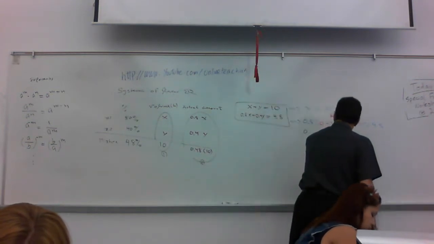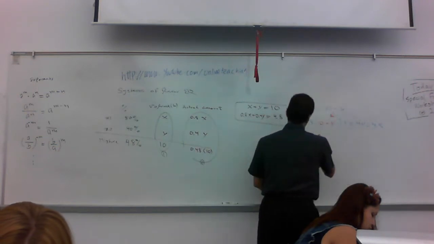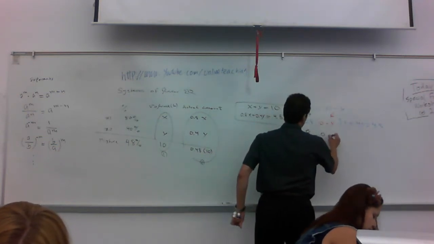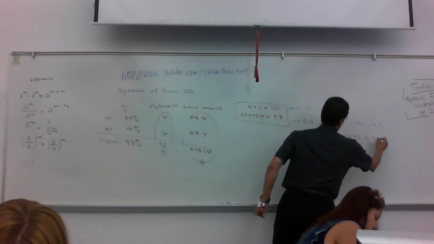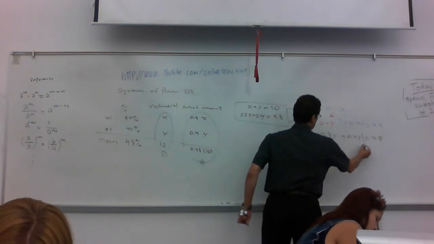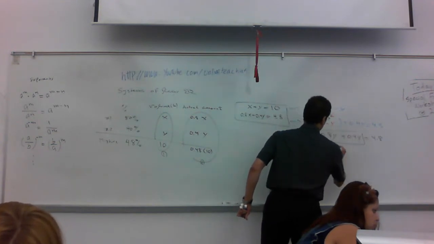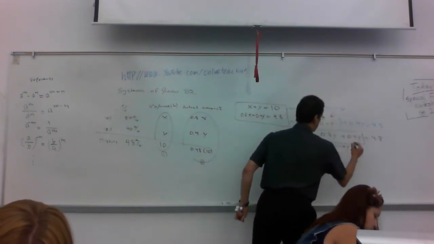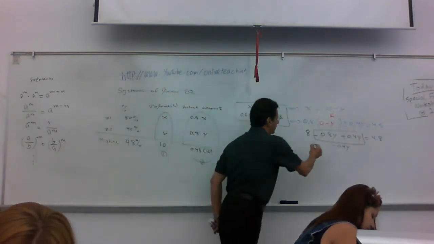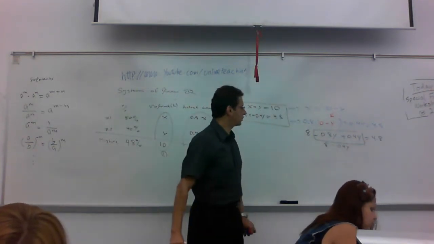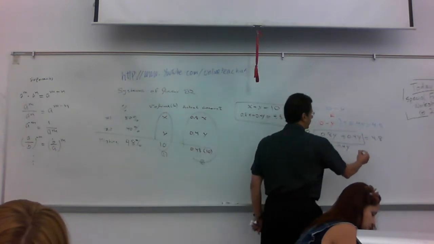0.8 times 10 is 8. 8 minus 0.8y plus 0.4y is equal to 4.8. And this will give us what? Negative 0.4y. Is that right? So 8 minus 0.4y is equal to 4.8.